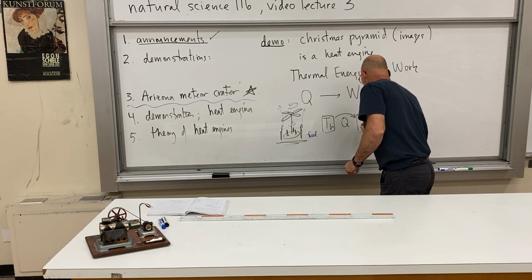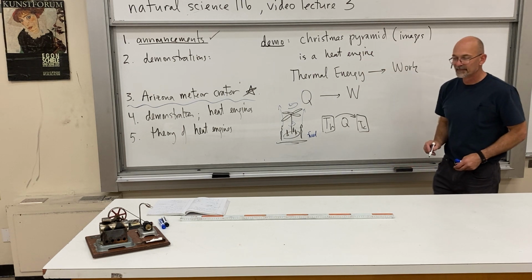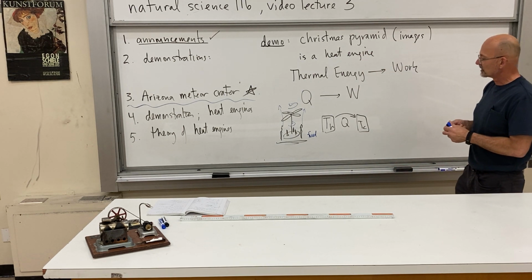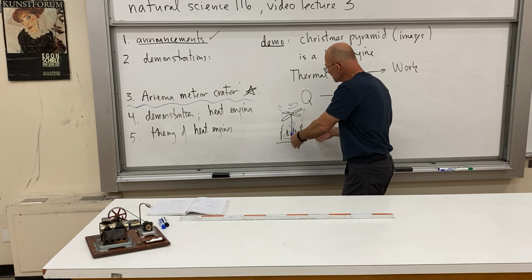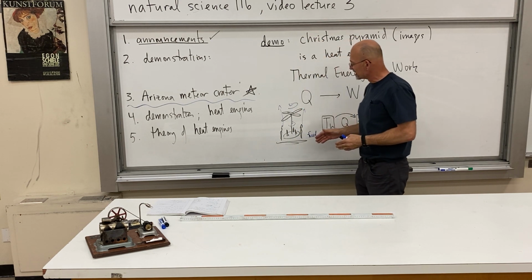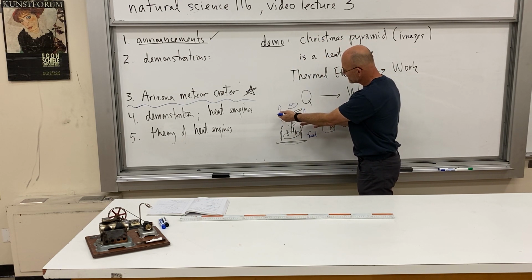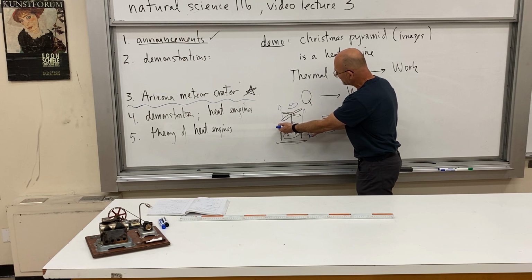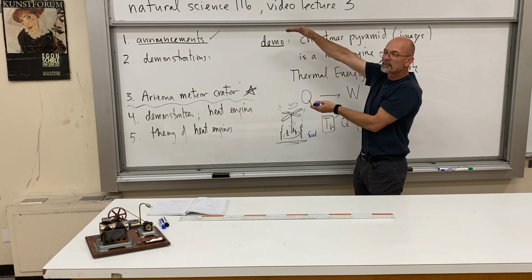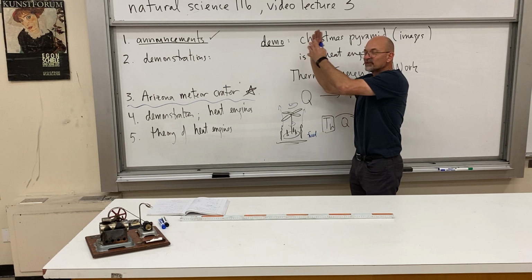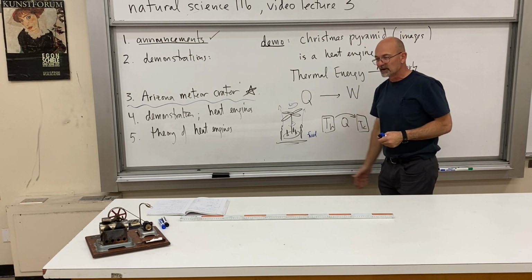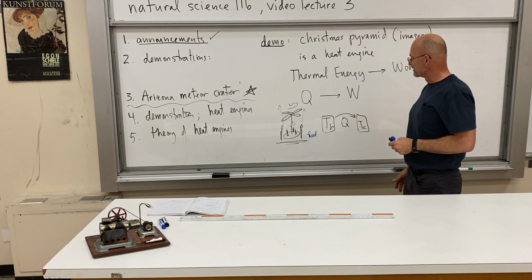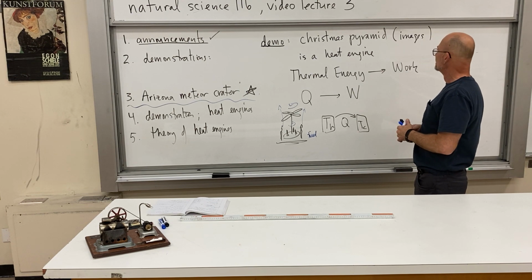Hotter to colder. And it turns out that the chimney really makes it more efficient, because what you're doing is isolating your hot air section down here from your colder air at the top of the chimney, and you're getting a tremendous fluid flow, convection current, and that increases the efficiency substantially.